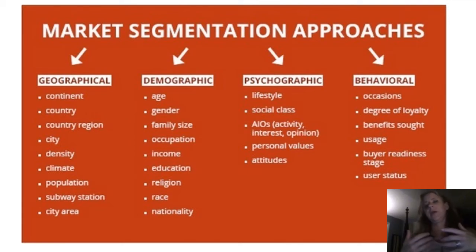Usage talks about how they use the product, when they use the product, or how much they use your product. And benefits sought: what are they expecting out of that product? They're not buying pet food, they're buying some kind of a benefit for their pet. What is that benefit?